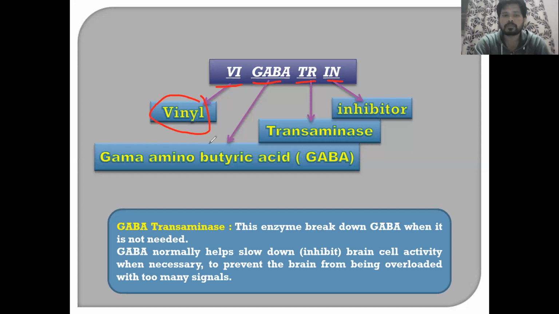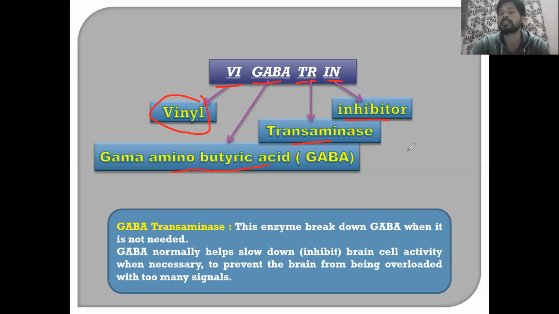So what is this GABA transaminase enzyme? Vinyl refers to its chemistry, and transaminase is the enzyme responsible for the metabolic degradation of GABA.